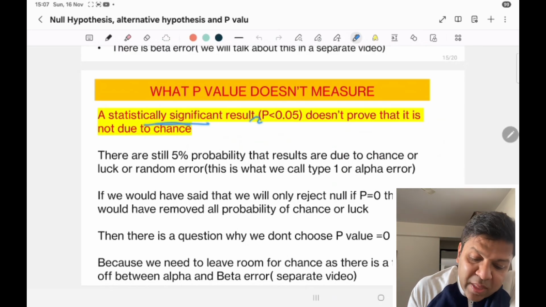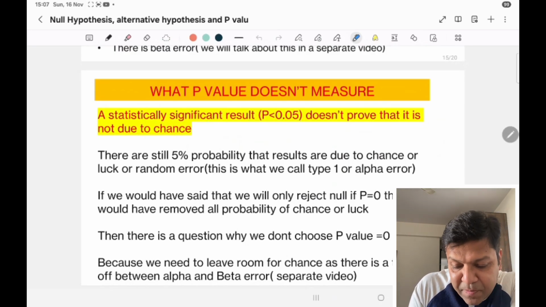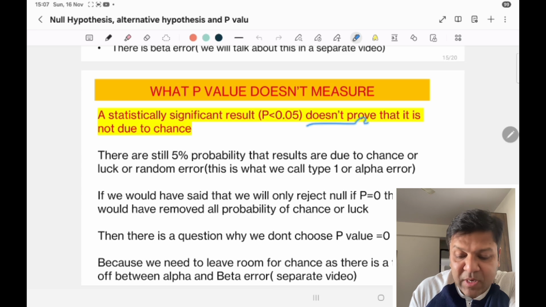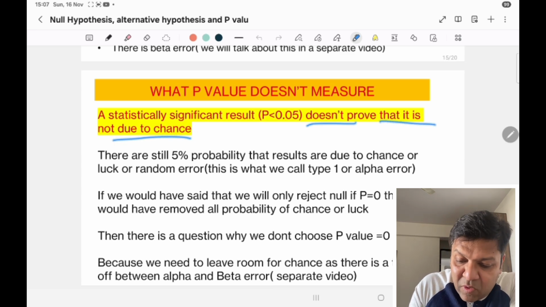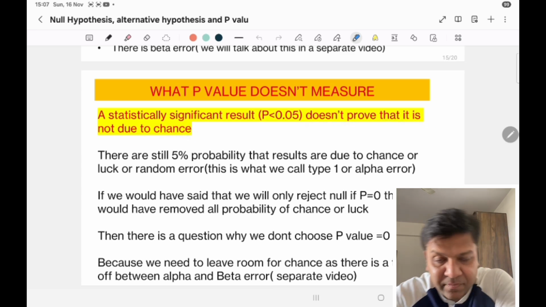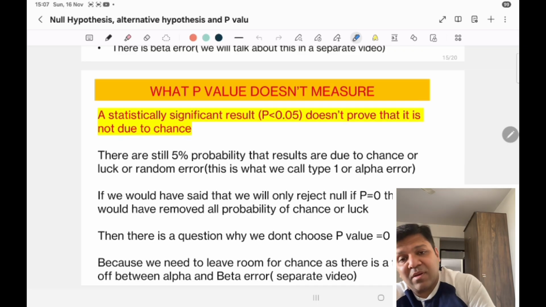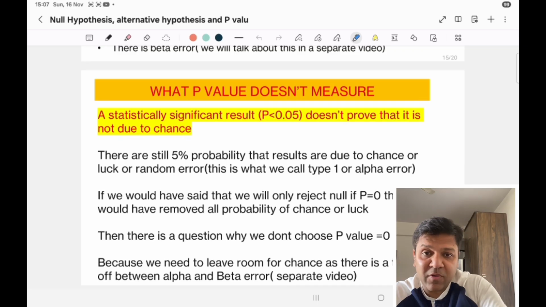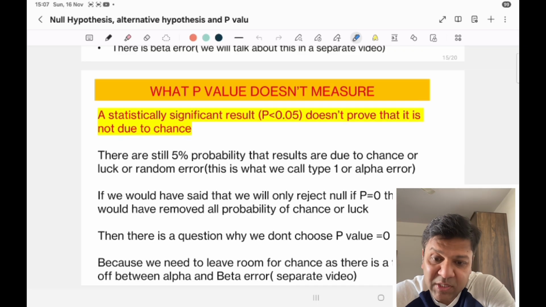Another thing. A statistically significant result, that is p less than 0.05, a lower p-value, doesn't prove that it is not due to chance. Then again, it may be a surprise for you that he was talking about chance, that p-value measures chance, but now he is saying a statistically significant result doesn't prove that it is not due to chance. Here is the thing.